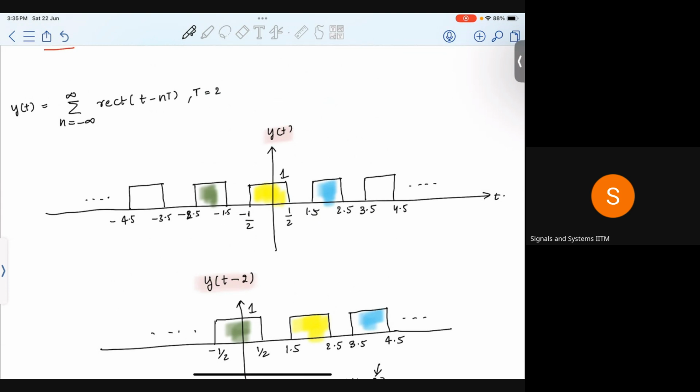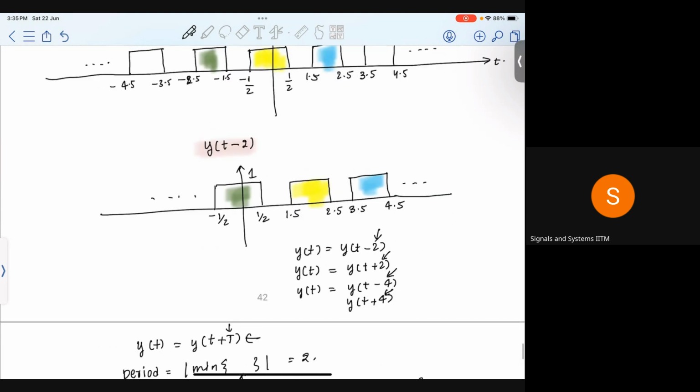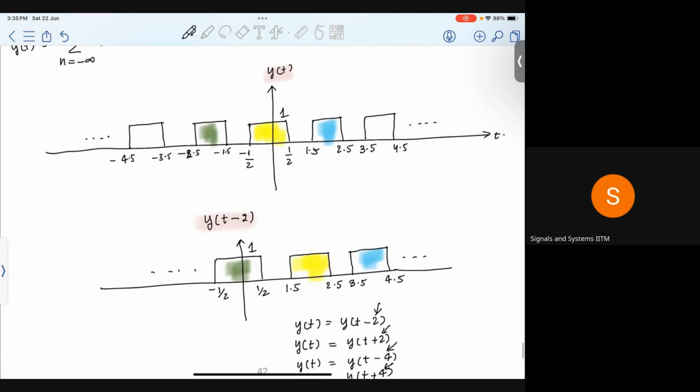Likewise, you can evaluate for any given system. Also, as we said, this particular signal runs on an infinite time axis. The signal is defined from minus infinity to infinity. For all values from minus infinity to infinity, the signal is defined. Such signals are called infinite time signals.